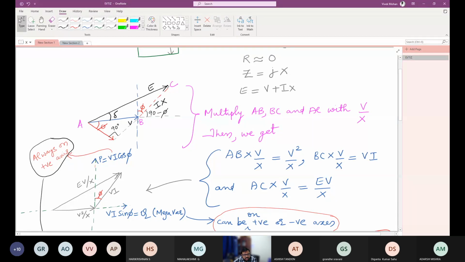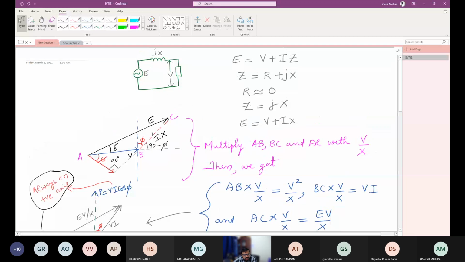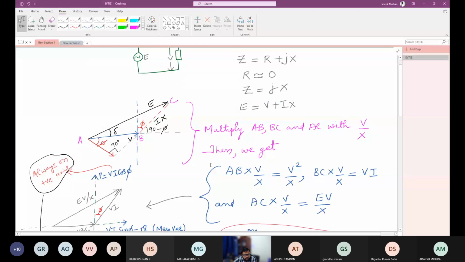And you have this drop IX, which is perpendicular to I, and V plus IX gives you E. So this is what represents this equation, E equals V plus IX. Now the angle between E and V decides the active power delivered, which is power angle delta.